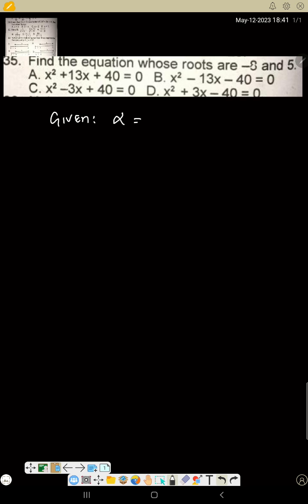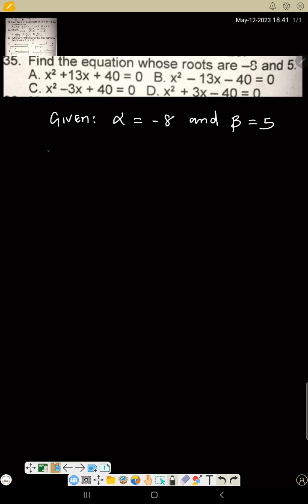So let alpha be equals to minus 8 and beta be equals to 5. So find the equation whose roots are minus 8 and 5. So alpha is minus 8, beta is plus 5.